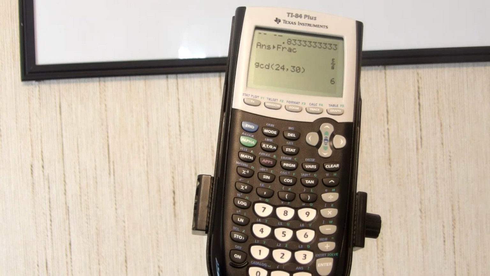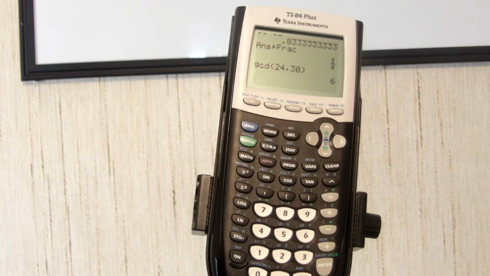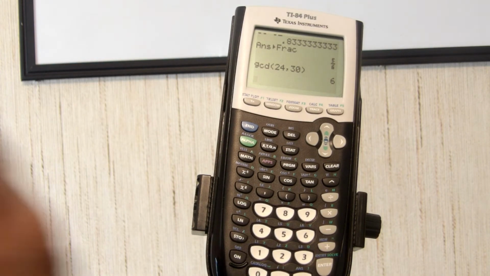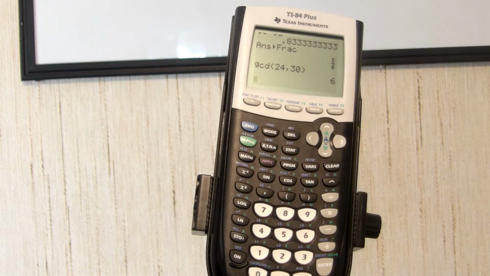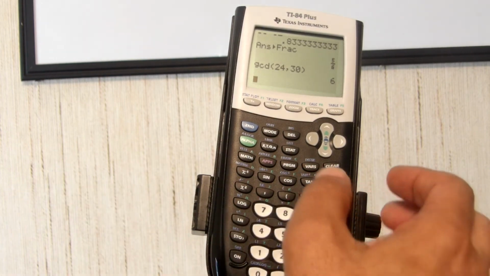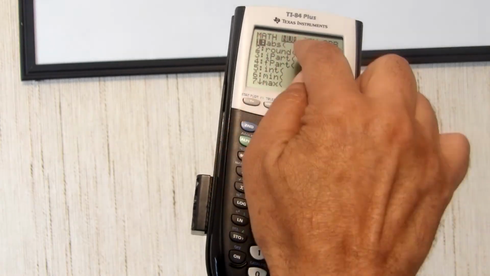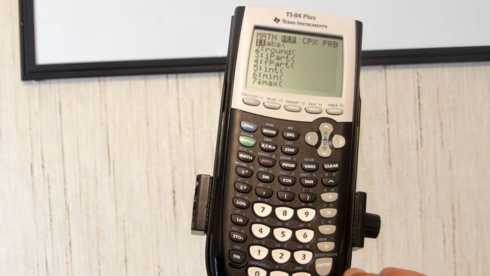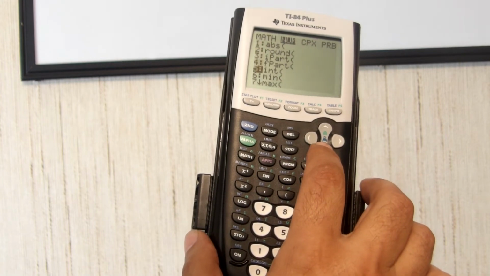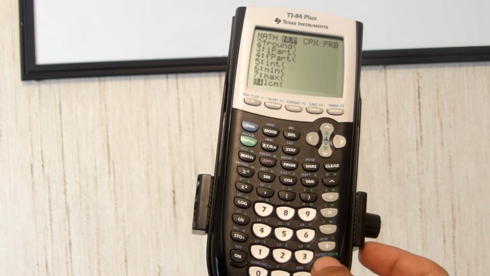Then let's talk about an example where there are two fractions we are going to add together. Let me talk also about least common multiple, LCM. The same way you push math and then you go to num, and then you go down, moving the cursor, to LCM.